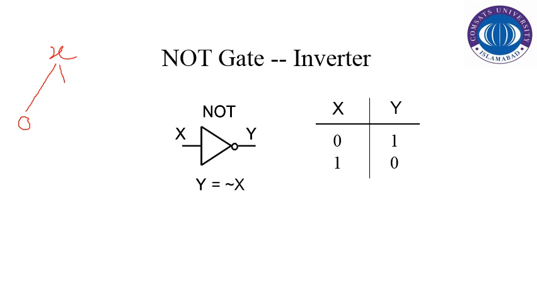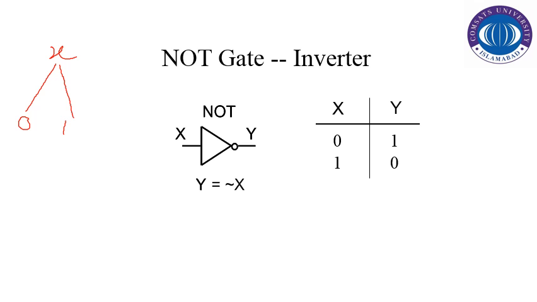The other possible value that a Boolean variable can have is 1. As far as the Boolean logic is concerned, 0 can be associated with the off state, the false state, the invalid state, and so on and so forth.